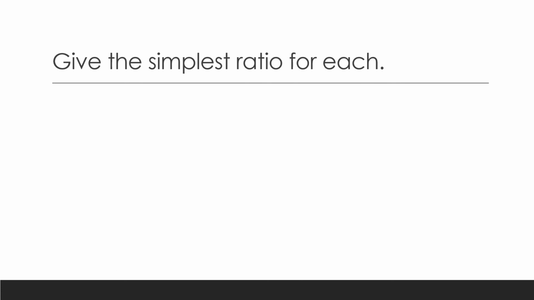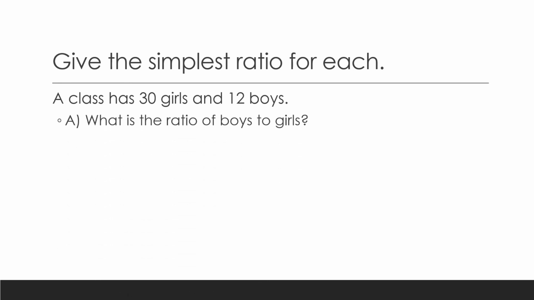Now, let's give the simplest ratio for it. Okay, a class has 30 girls and 12 boys. What is the ratio of boys to girls? Remember, it says a class has 30 girls and 12 boys.